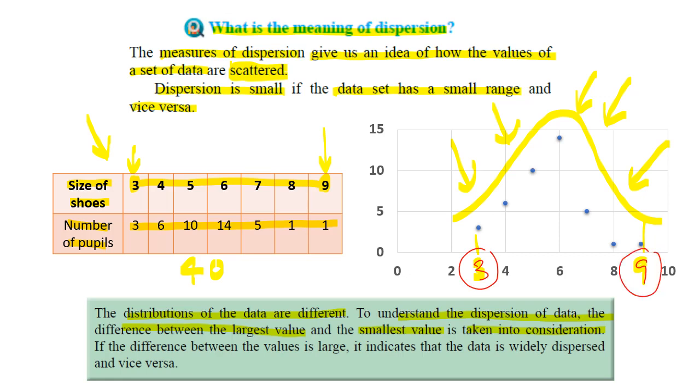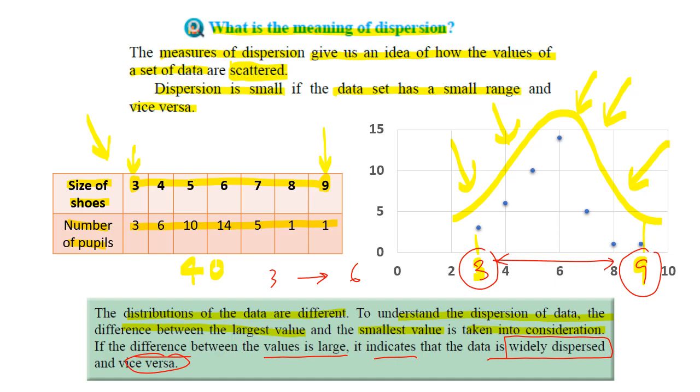And if the difference between the values is large, it indicates that the data is widely dispersed, and vice versa. Let's say if the shoe size is 3 to 6 only, so the data is not widely dispersed compared to this one. Yeah, that is the meaning of vice versa.